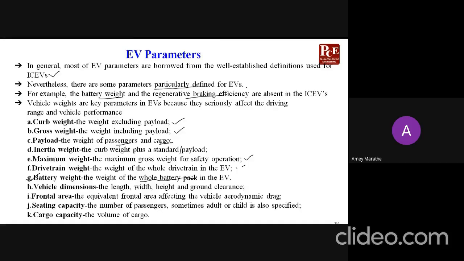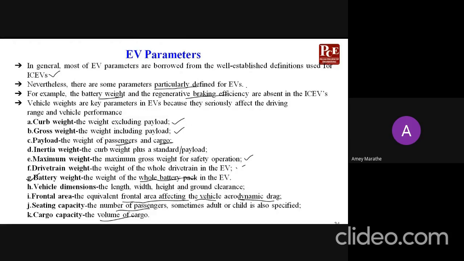Vehicle dimensions are again common: length, width, height and ground clearance. Frontal area, which affects the aerodynamic drag, I'm sure everyone knows. Seating capacity is the number of passengers or children, and for cargo, the volume of cargo.